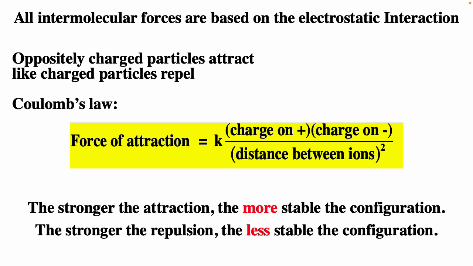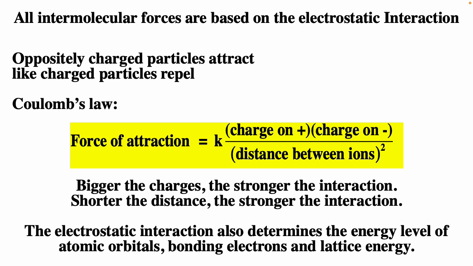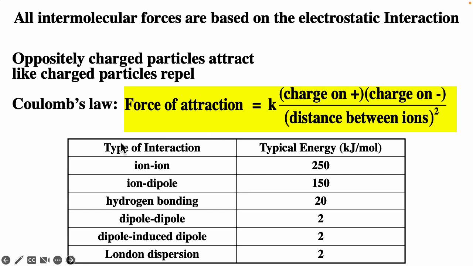And so all intermolecular forces are based on electrostatic interaction, and we saw electrostatic interaction follows Coulomb's law. The bigger the charges, the stronger the attraction. The shorter the distance, the stronger the attraction. If we think about intermolecular forces, ion is the strongest, and you can think about that as whole charges, so it's a strong attraction.